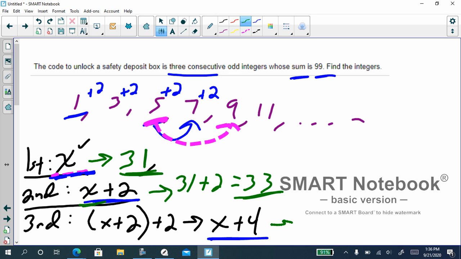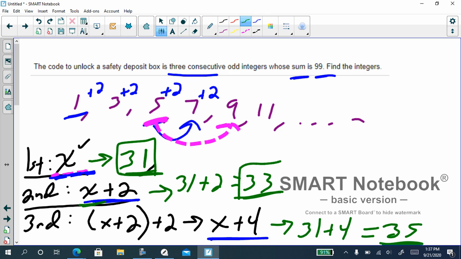The third number is that x plus 4, which is 35. So notice 31, 33, 35, those are consecutive odd numbers. One odd number after the other after the other. And if you were to add those, they would make 99.